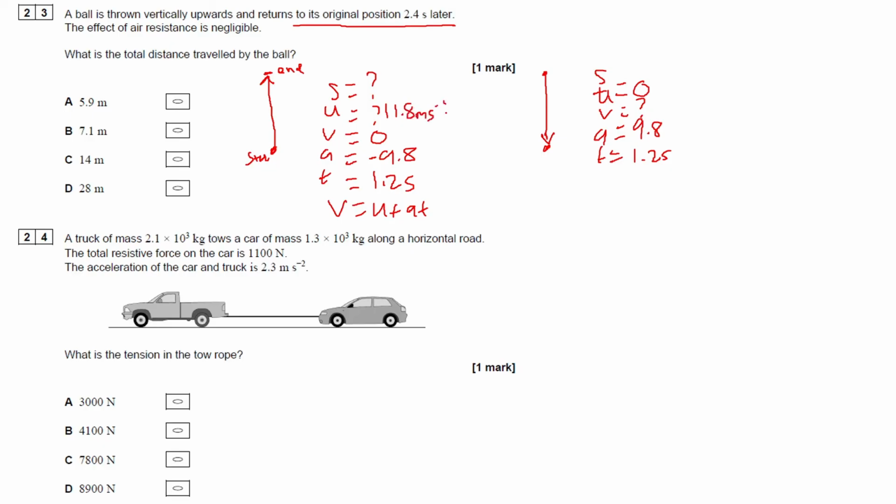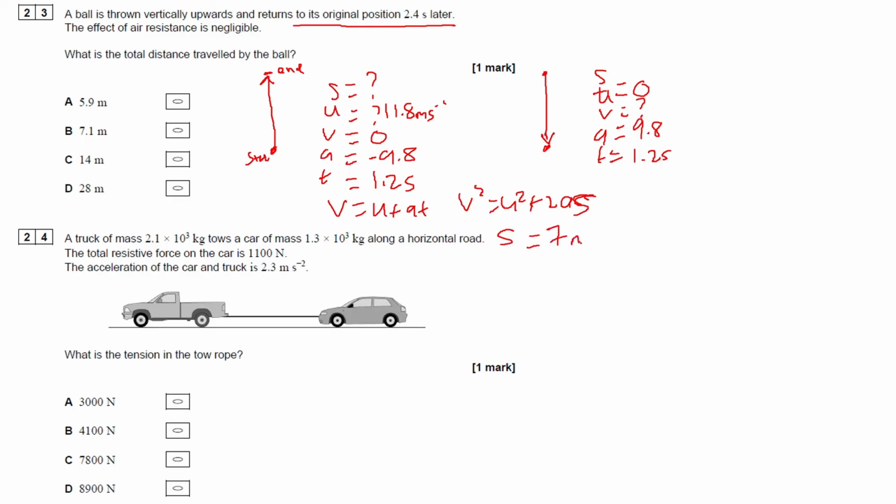11.8 meters per second. And then I could just use the v squared equals u squared plus 2as equation, rearranged, to get s. And doing that, I'm able to get that distance going up, and then I need to double it to get the distance coming down.